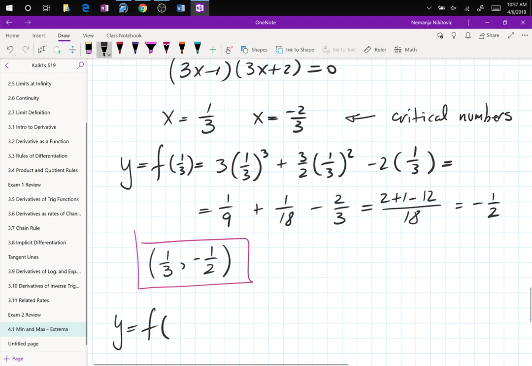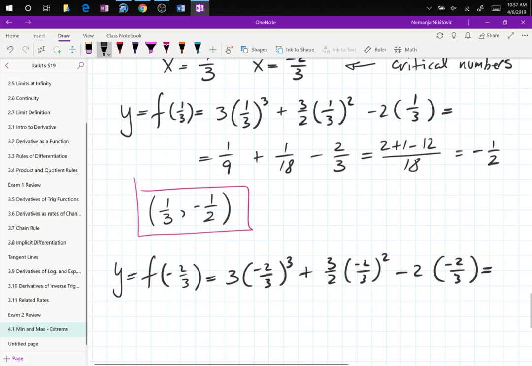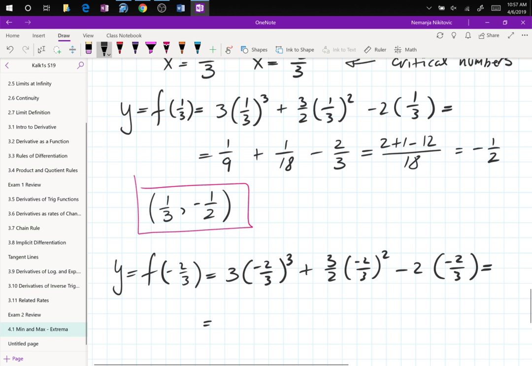So y is f of negative 2/3, which is 3 times negative 2/3 cubed plus 3/2 times negative 2/3 squared minus 2 times negative 2/3. So one of the threes dies again, so that's going to be negative 8 over, one of the threes is gone, so that's just 9. Square kills the negative, so that's gone, and then one of these cancels, so it's just 2/3, and then plus 4/3.